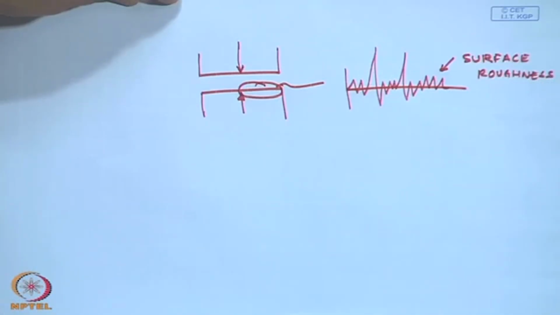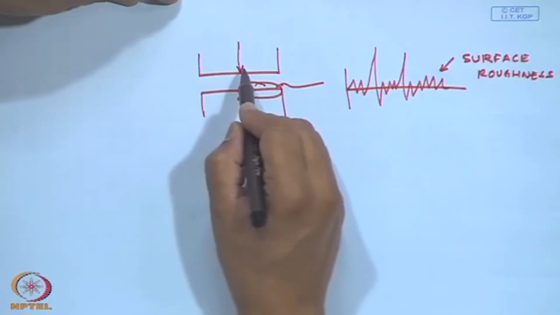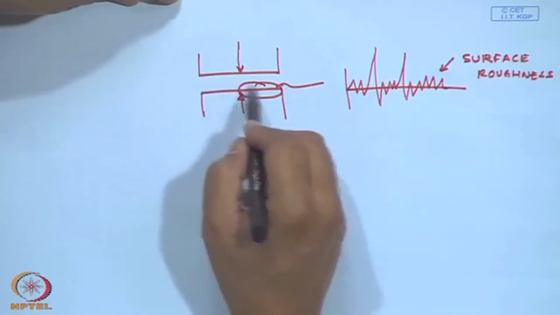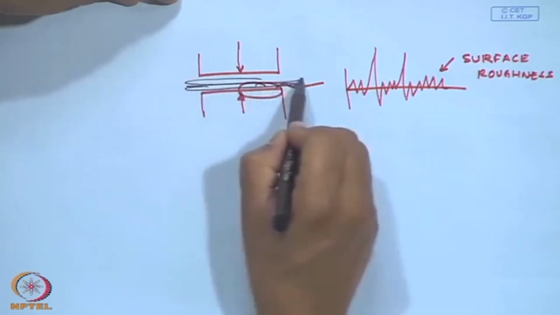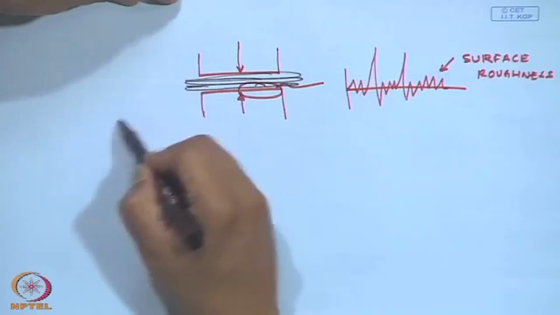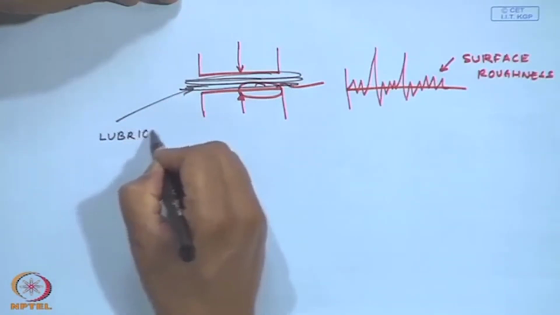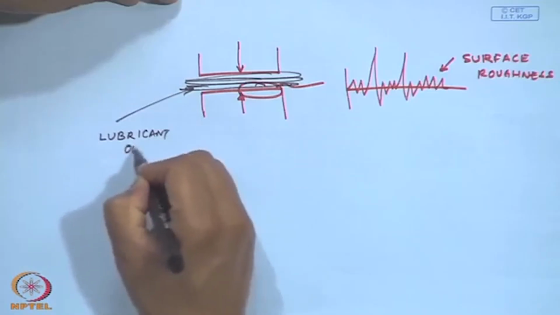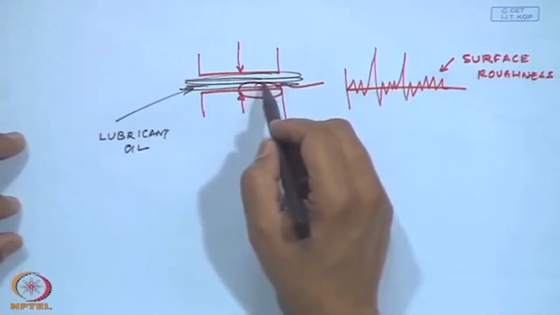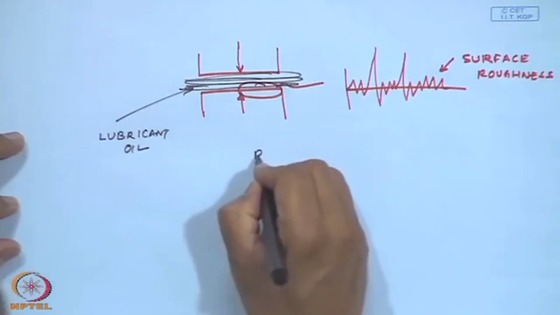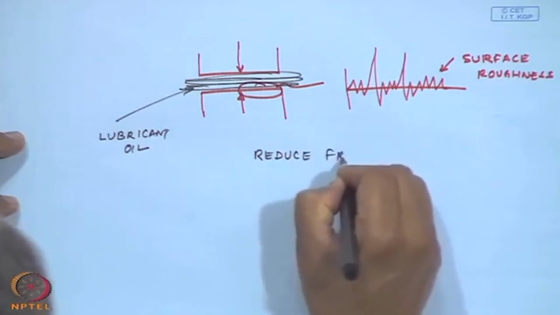And usually once these two components rub against each other because of the application of load, we actually put a layer of lubricant. The purpose of this lubricant is to reduce friction.